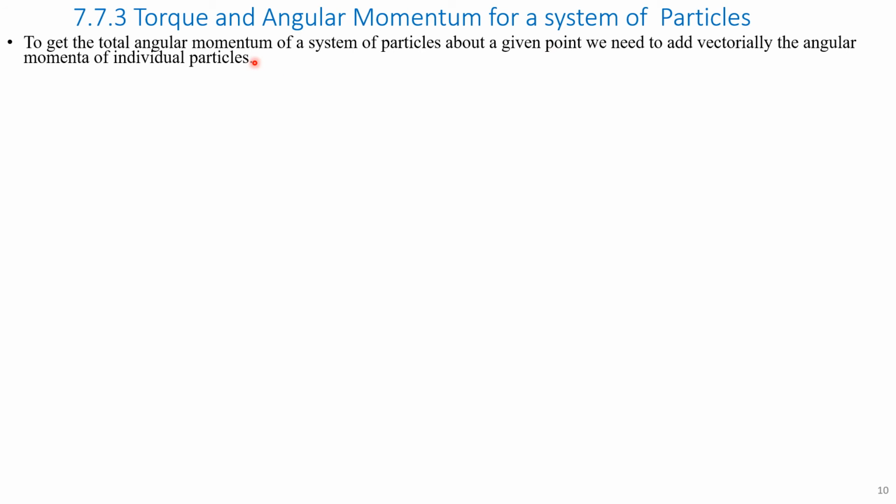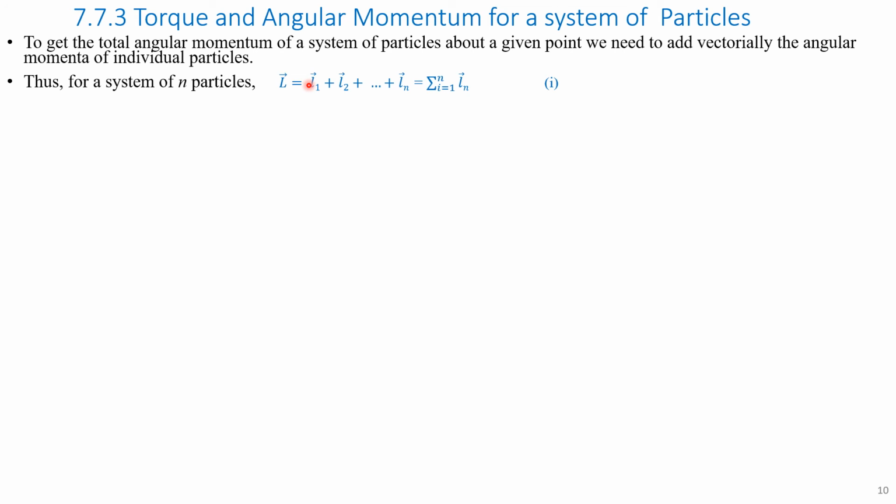To get the total angular momentum of a system of particles about a given point, we need to add vectorially the angular momenta of individual particles.